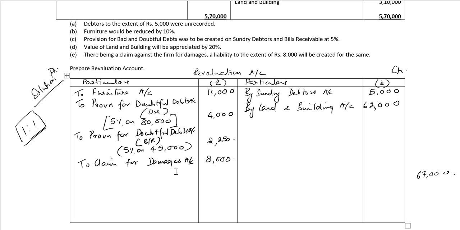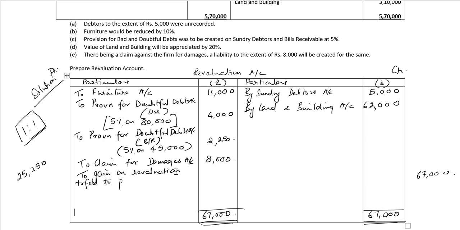And the total of the debit side is 25,250 rupees. So we have a gain on revaluation. The greater total 67,000, to gain on revaluation transferred to partners' capital accounts.